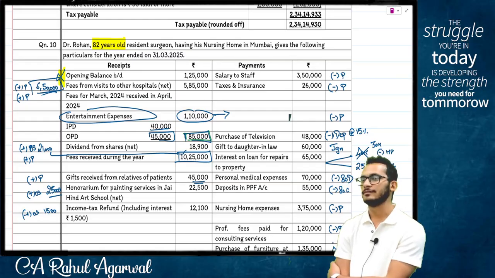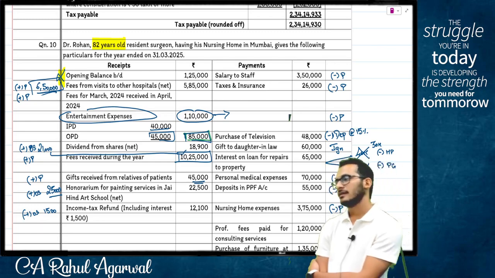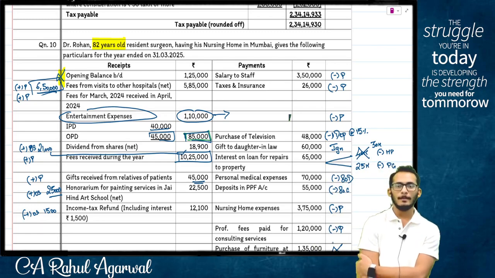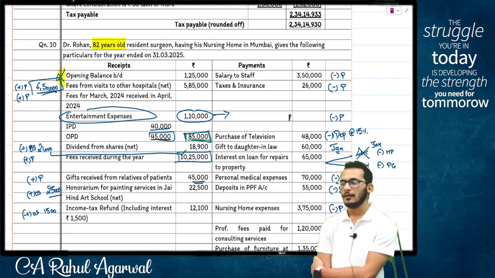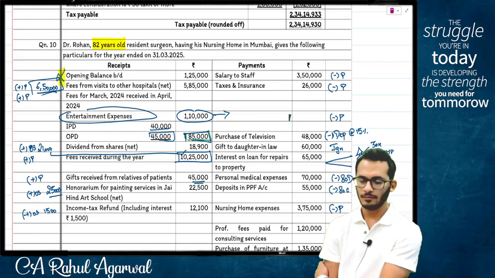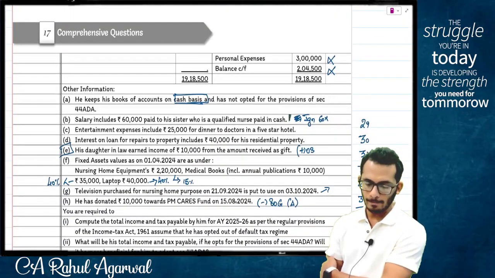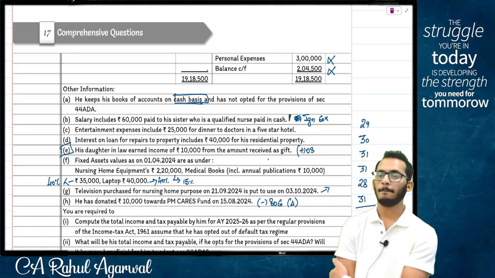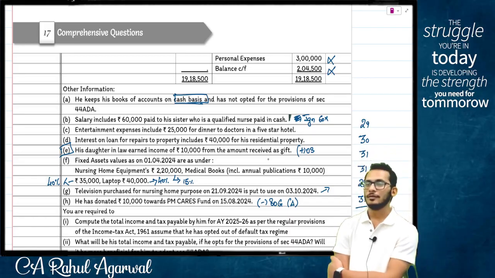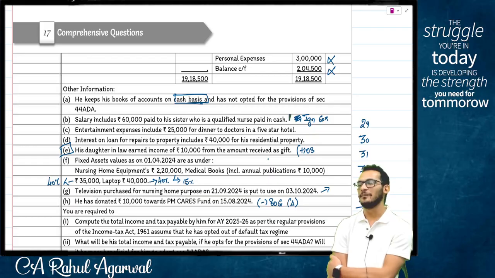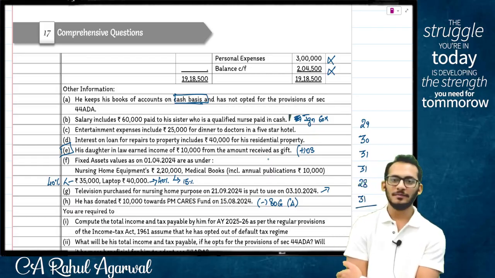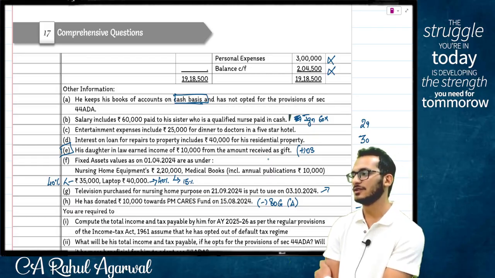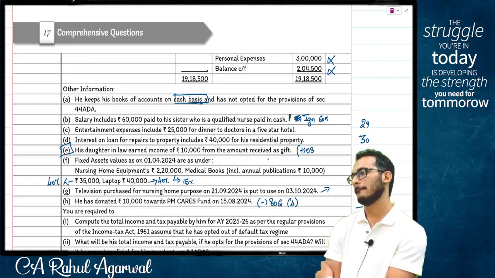So we will write the conclusion. It is beneficial for Dr. Rohan to compute PGBP as per normal provisions.